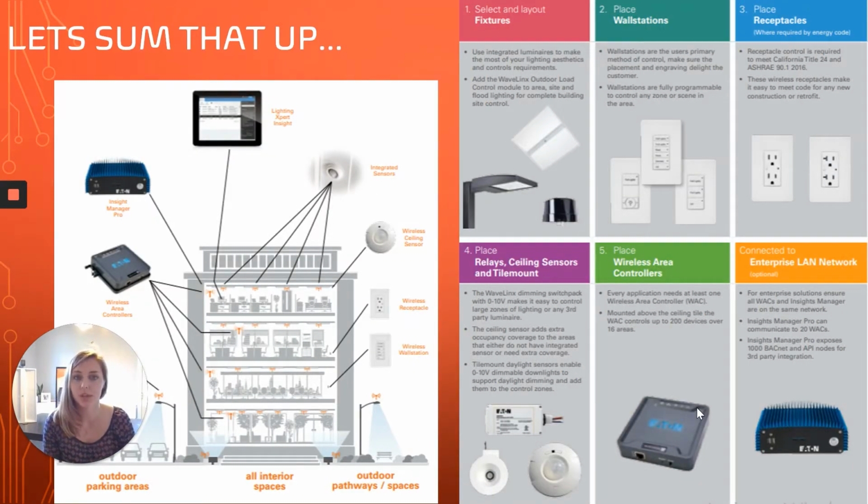Here is a summary of a 4-story building and the components you would need to set up Wavelengths. It's really just this simple. I'm going to start from the left where you see the wireless area controller. That guy can handle up to 200 devices. It can cover 16 rooms and go up about 150 lineal feet.